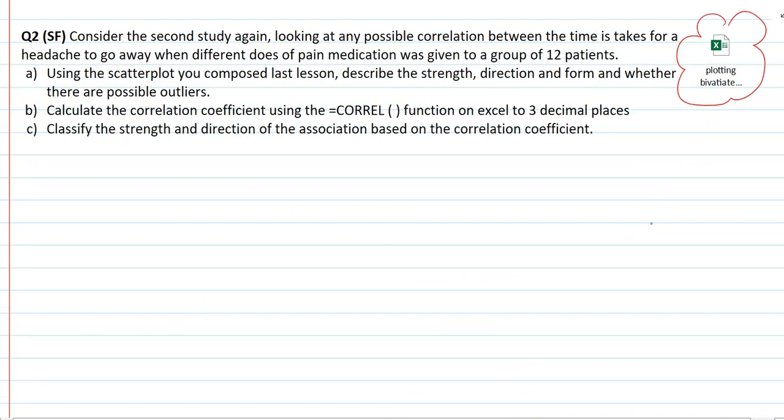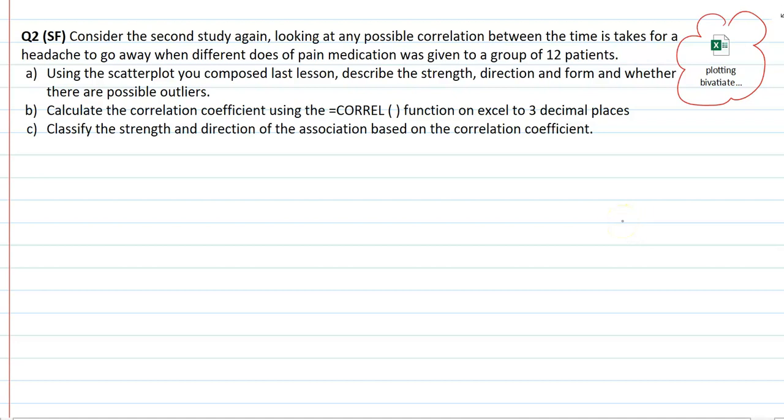Your turn now. Consider the second study again, where we looked at different doses of pain medication and the time it took for the headache to go away. Using the scatter plot you composed last lesson, describe the strength, direction and form, and if there are any possible outliers. If you didn't save that graph, then quickly recreate a scatter plot.